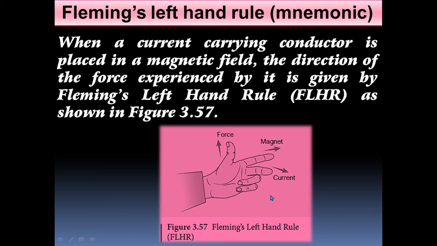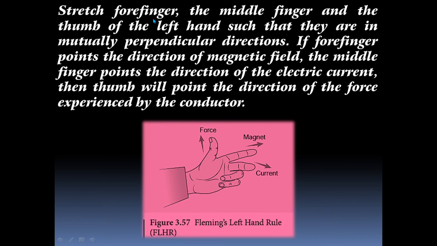As shown in the figure, stretch your forefinger, middle finger and thumb of the left hand such that they are mutually perpendicular to each other. If the forefinger points in the direction of the magnetic field and the middle finger points in the direction of the electric current, then the thumb will point in the direction of the force experienced by the conductor.